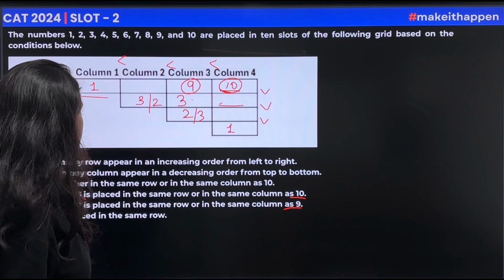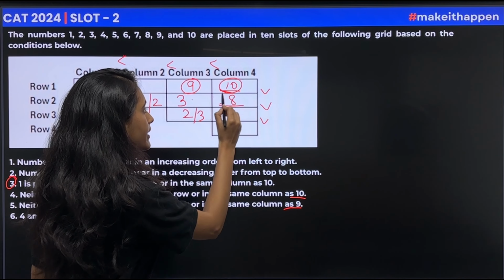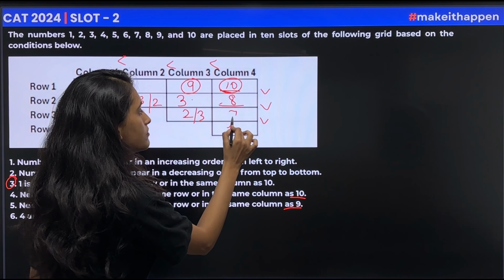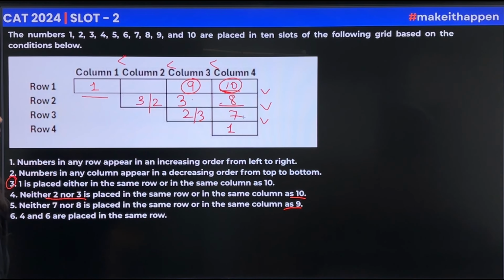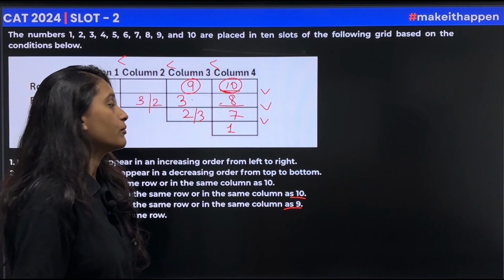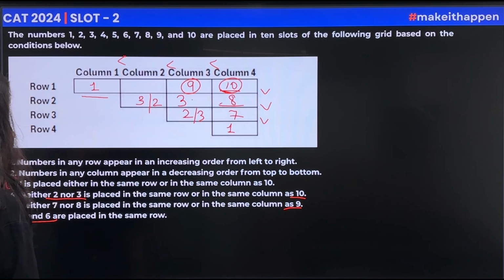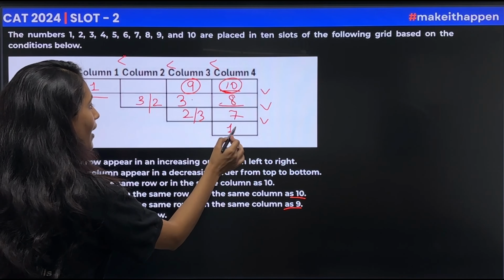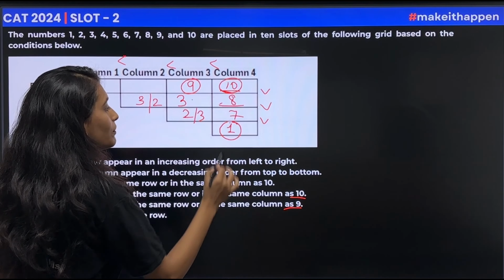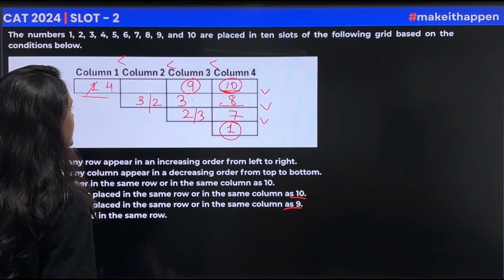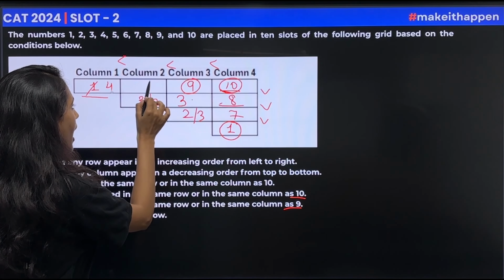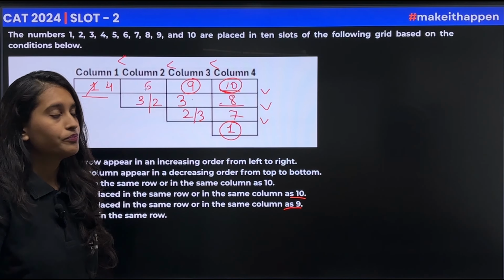So let me assume that 8 comes here and 7 comes over here. Okay, now I am told that 4 and 6 are placed in the same row. So if I take 1 to be present over here and not here, then I can say that my 4 is placed over here and my 6 can be placed over here.